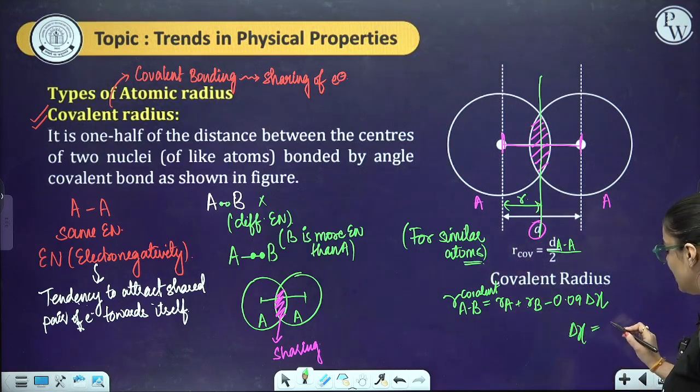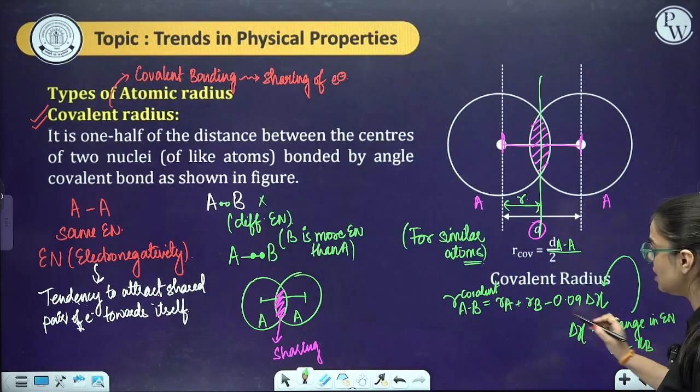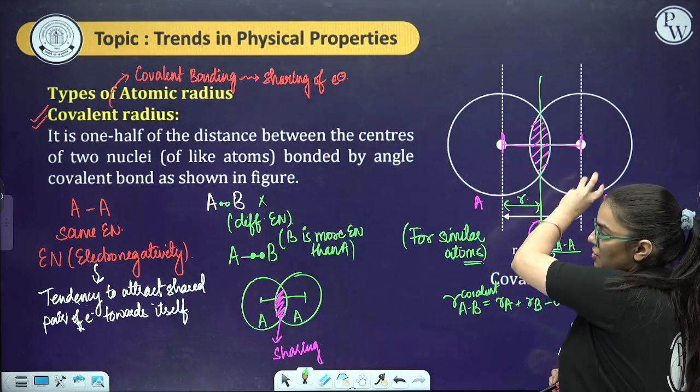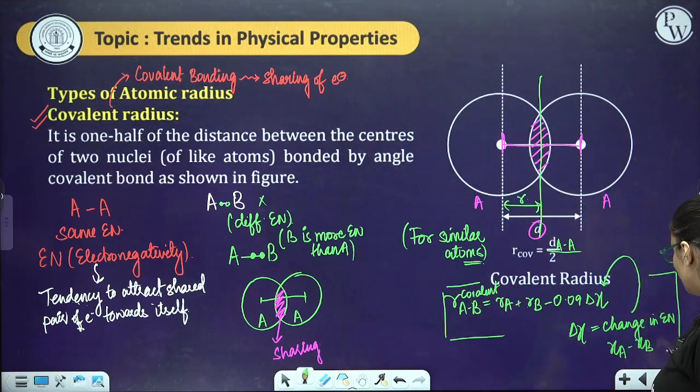So this is the change in electronegativity, that means the electronegativity of A minus the electronegativity of B. The higher electronegativity minus the lower electronegativity value, you will keep it over here, and here you will keep the radius of the first and the radius of the second. So you will obtain the radius for different species with the help of this formula.